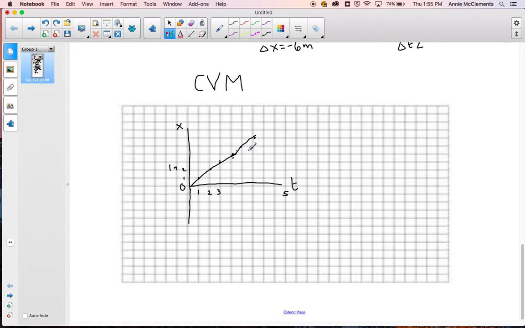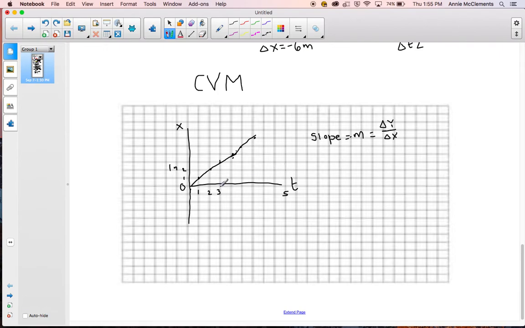Our slope of this line, as you might remember from an algebra class, slope equals the change in y, in the vertical axis, or the rise, over the change in x, or the run.